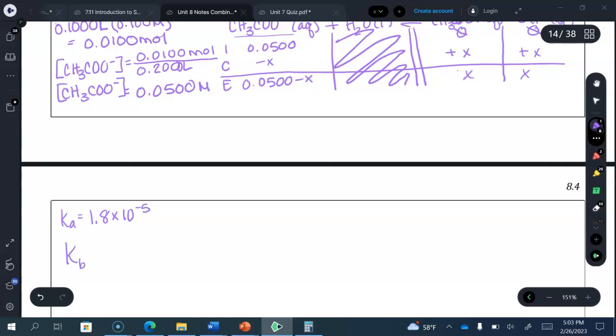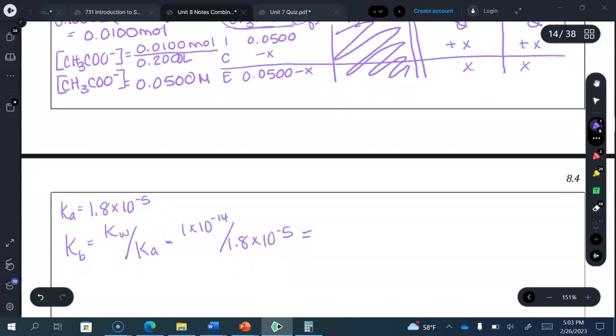Well, we actually need Kb, and we know that that is equal to Kw divided by Ka, and that Kw is 1 times 10 to the negative 14. So we're going to divide that by 1.8 times 10 to the negative 5. And because the one we're working with above is a base, we need Kb for the equilibrium. So we calculate this, and you should get 5.6 times 10 to the negative 10.